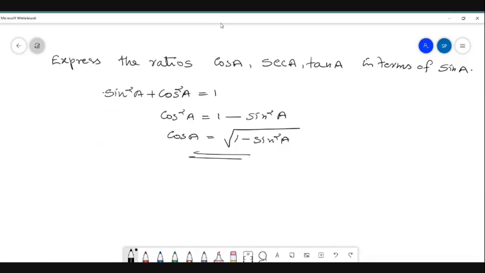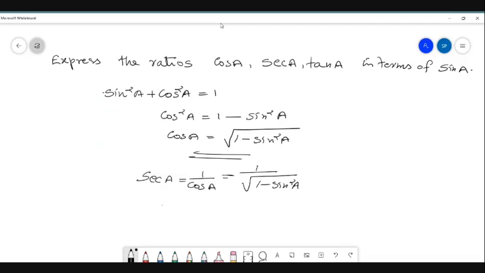Sec we know is the reciprocal of cos. So sec A equal to 1 by cos A. Now what is cos A? Cos A we got as root of 1 minus sin square A. So this is 1 by root of 1 minus sin square A. That is sec A.